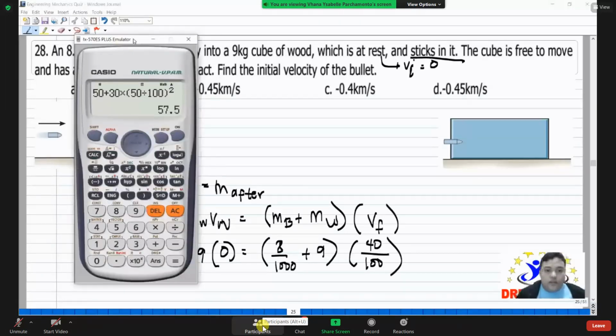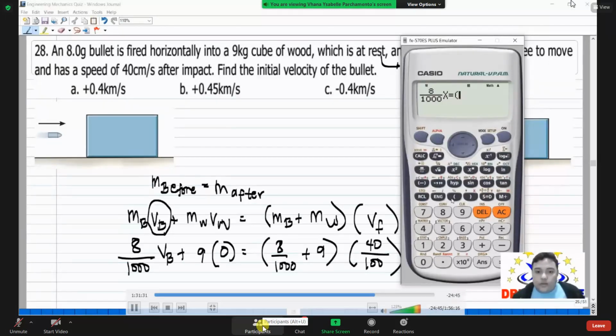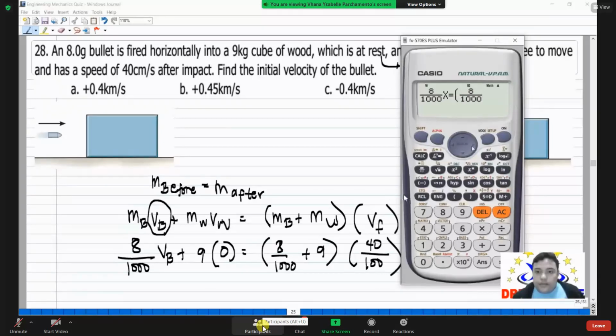So, by shift solve, makakasolve na natin yung VB. So, that is 8 all over 1,000 x, plus 0 times 9, is equal to 8 over 1,000 plus 9 multiplied by 40 over 100.